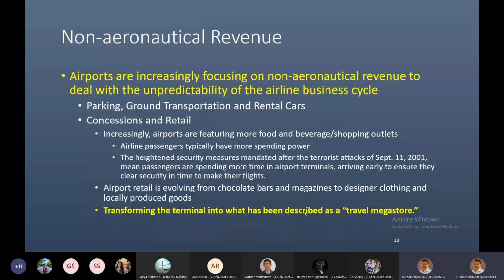But airports are giving adequate importance to non-aeronautical revenue also. That is because aeronautical revenues are susceptible to large fluctuations, and they are also unfortunately linked to the fortunes of the airline companies.